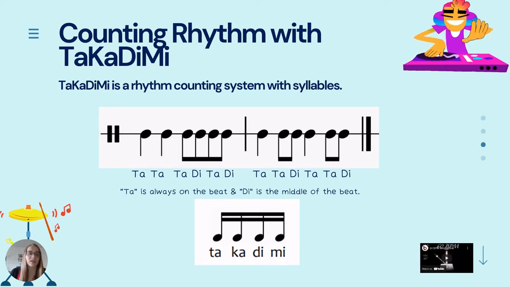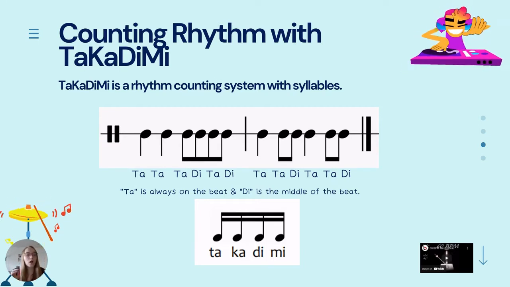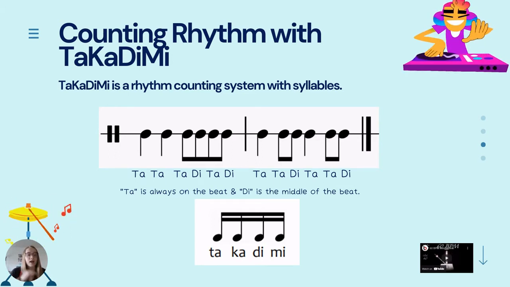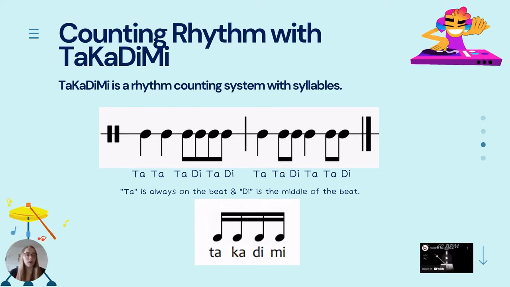I assume you're asking. TaKaDiMi is a rhythm counting system with syllables, as I said before. So our big beats, so 1, 2, 3, 4, are going to be ta. So if you did quarter notes, that'd be ta, ta, ta, ta.